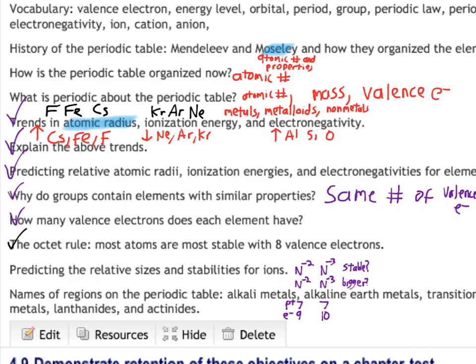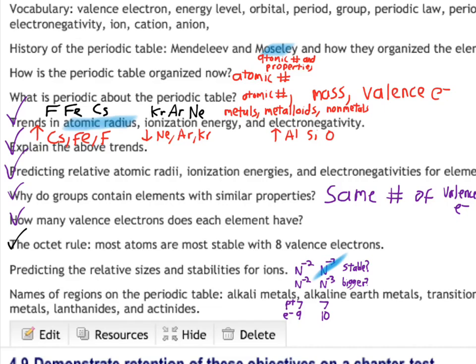N-2 has 9 electrons because it has a -2 charge. That means it has 2 extra electrons. Electrons are negative. N-3 would have 10 electrons. So for stability, pick the one that has the same number of electrons as a noble gas. So that would be N-3, 10 electrons like neon.